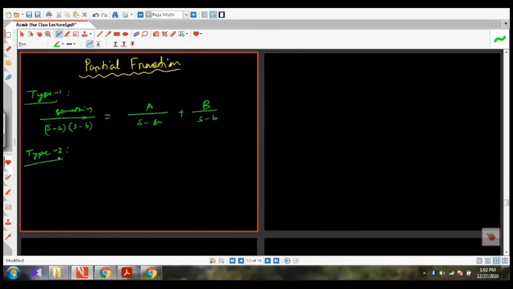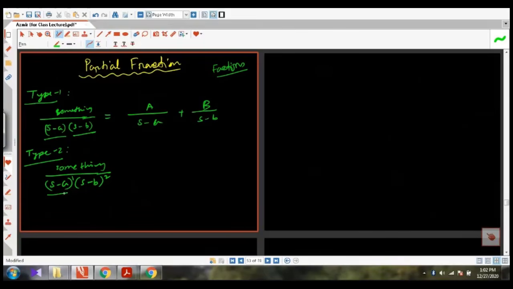No need to go through all the types, but somehow we need to know the basic concepts only. So something over (s - a), let's say (s - b) whole squared. Whatever quantity we have in the parentheses, that are called factors. So (s - a) is a factor with power 1. (s - b) is a factor with power 2.